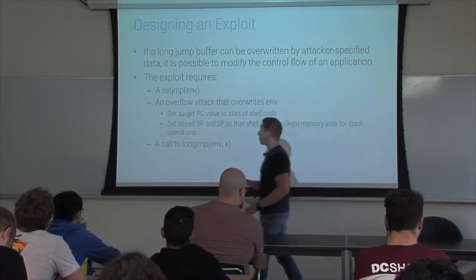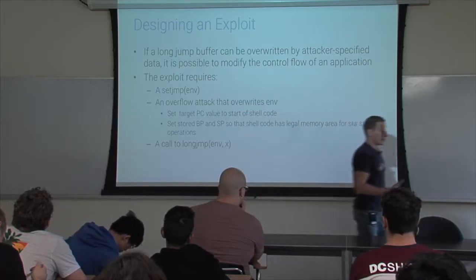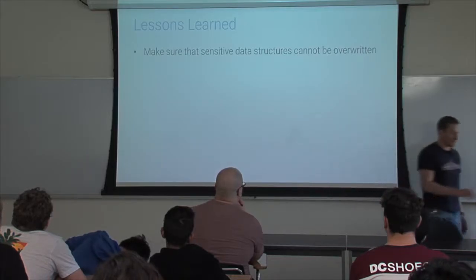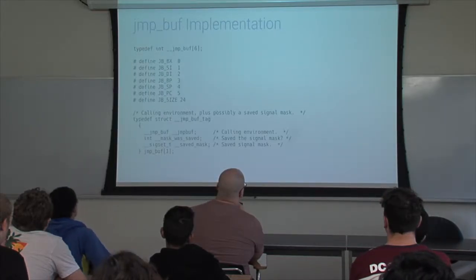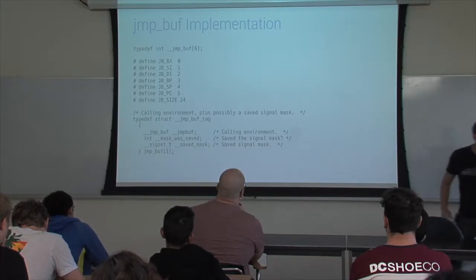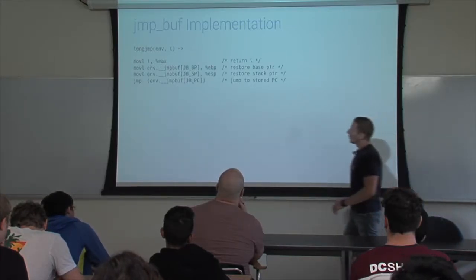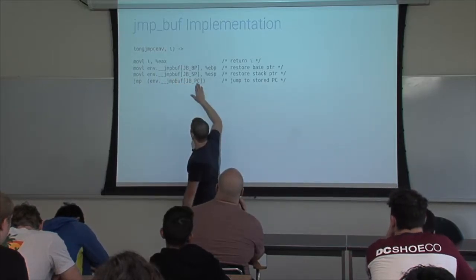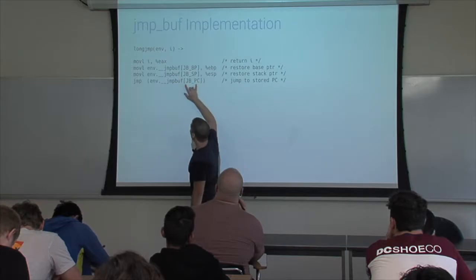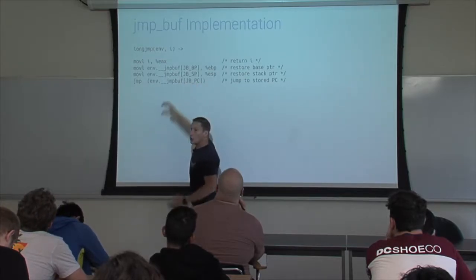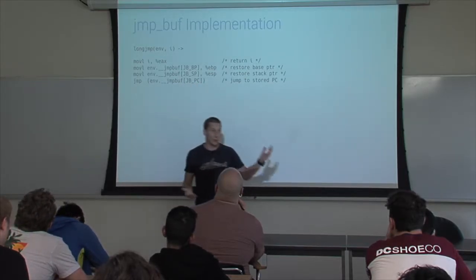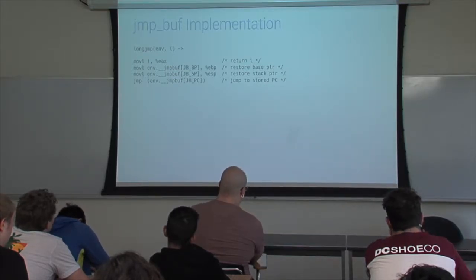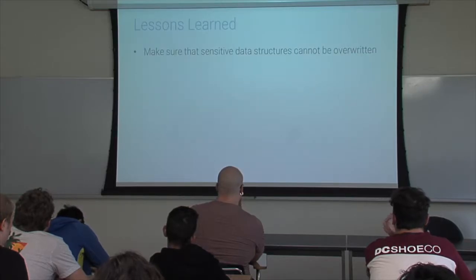Suddenly, you have full control because of this final line, where you jump to whatever was saved in the jump buffer as the new program counter. If you can override this value, you jump to wherever you want. So you put your shellcode somewhere in memory, you overflow the jump buffer, and suddenly you have full control of the system.